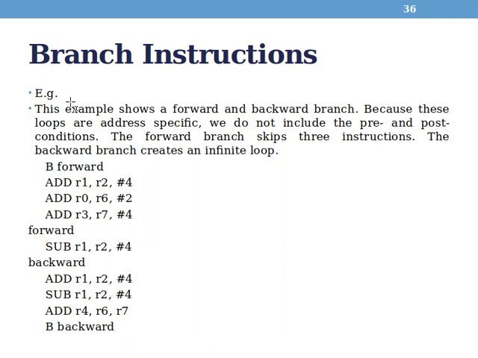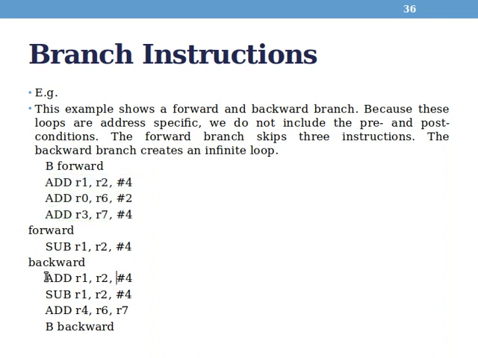Here is another example of branch instruction, the forward jump and the backward jump. It depends on where you place the label. For B forward, after certain instructions you have placed the forward label, so once B forward is executed, it jumps to this particular instruction, skipping these three instructions.